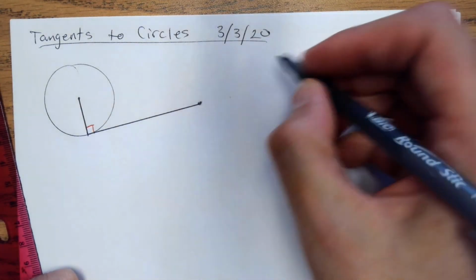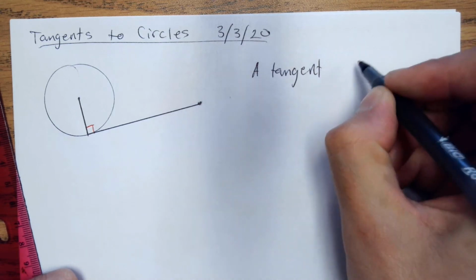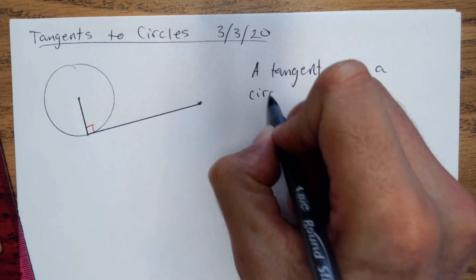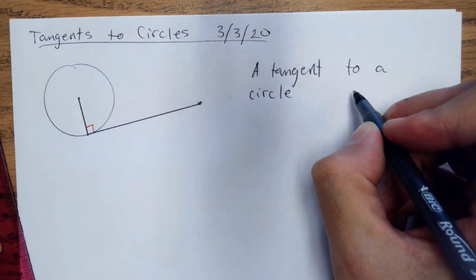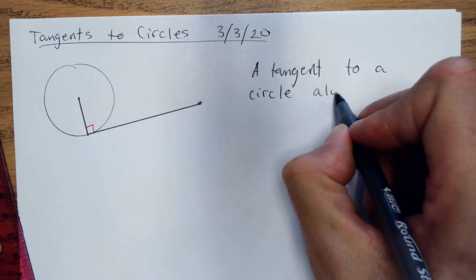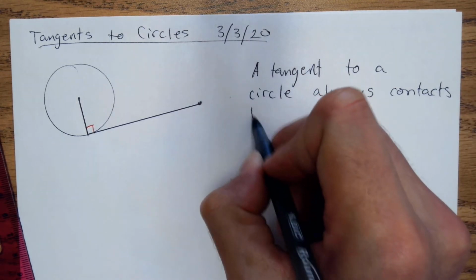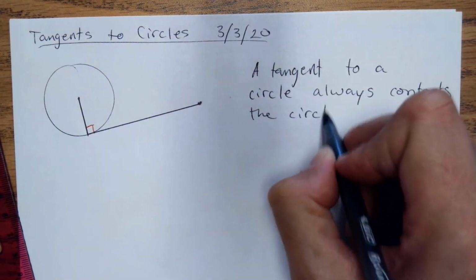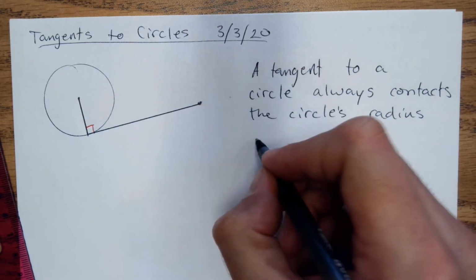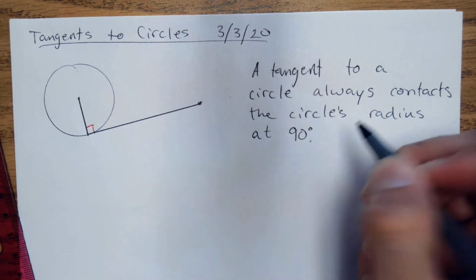So, what I'm going to say is a tangent to a circle always contacts the circle's radius at 90 degrees, at a right angle.